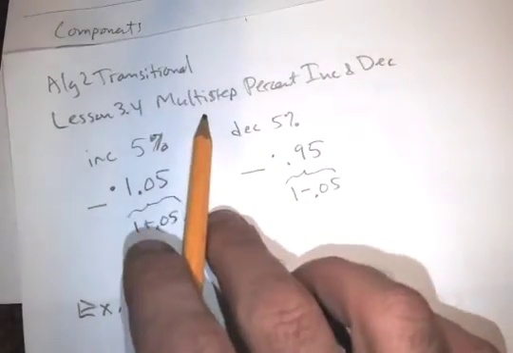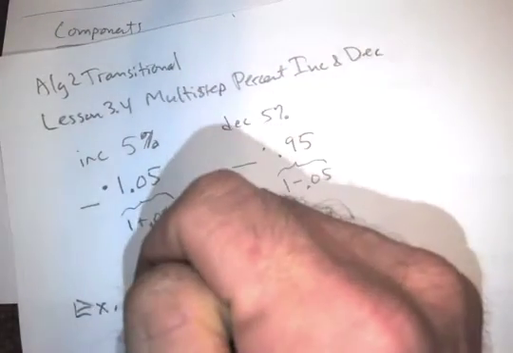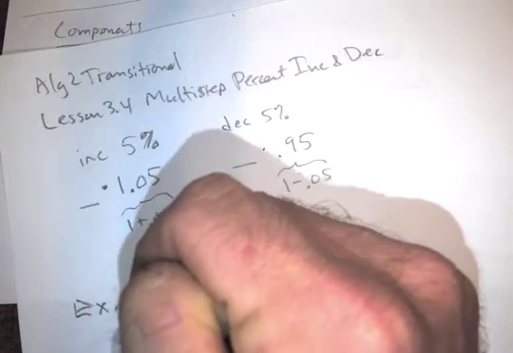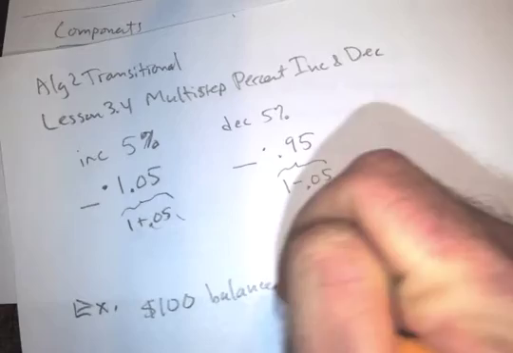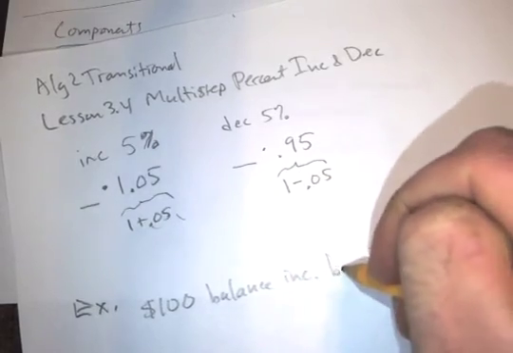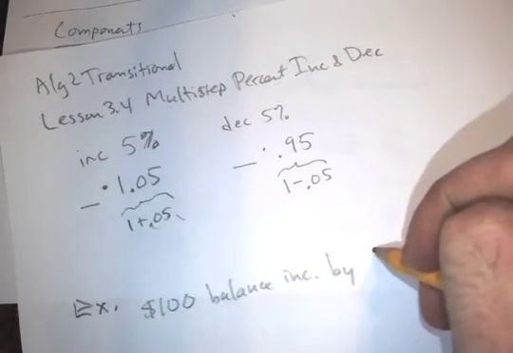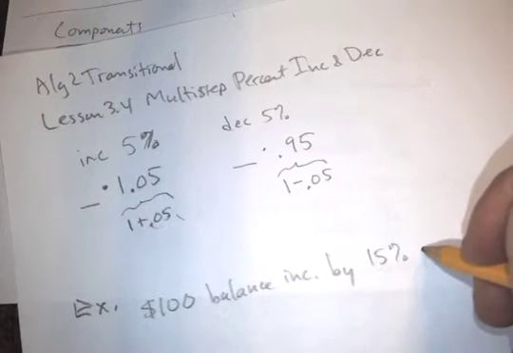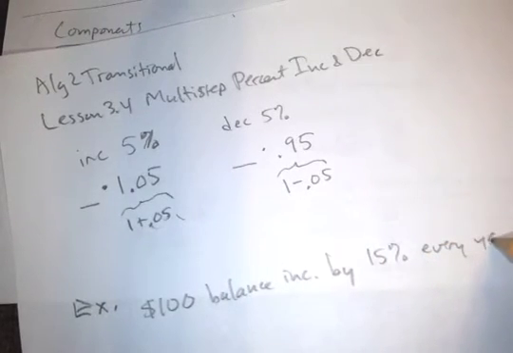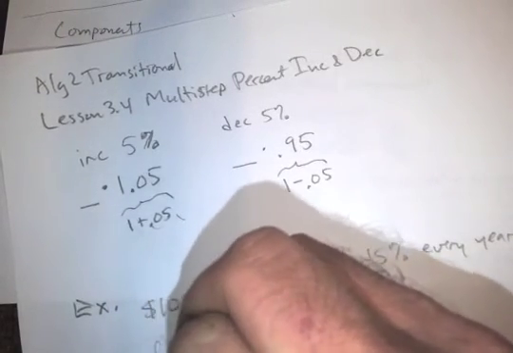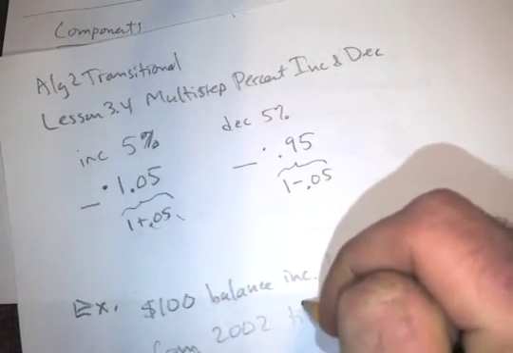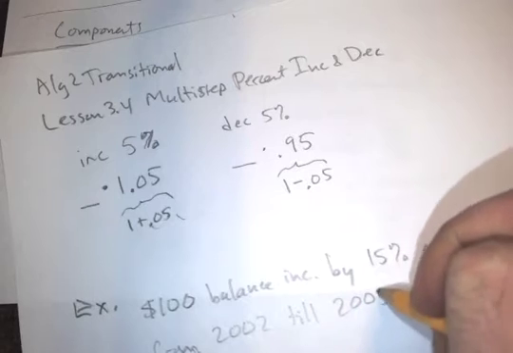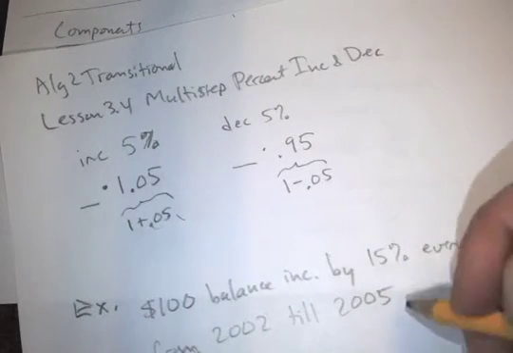That's why it's multi-step. So, say a $100 balance increases by 15% every year, say from 2002 till 2005, and it will say make a table.